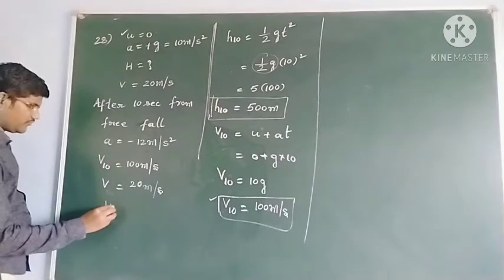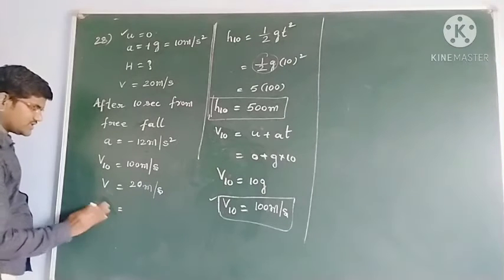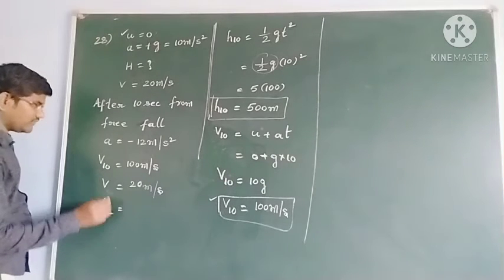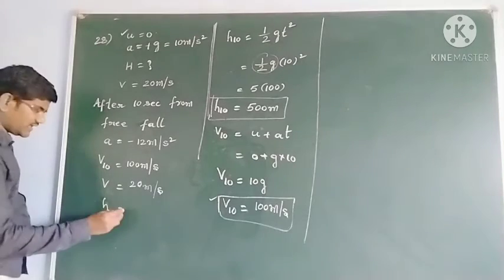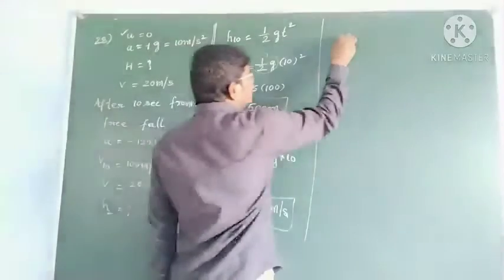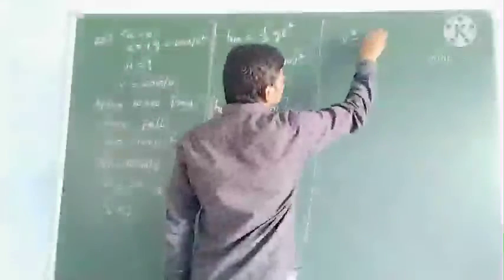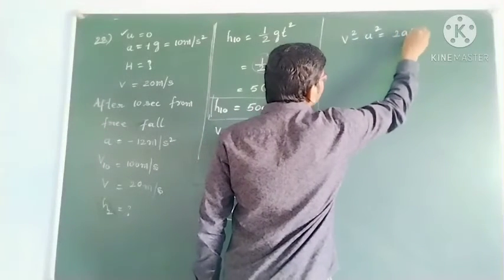Now we have to find how much height he has fallen with this retardation, initial velocity and final velocity. Then I'll use the formula v square minus u square is equal to 2as.